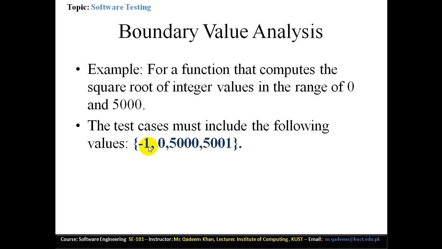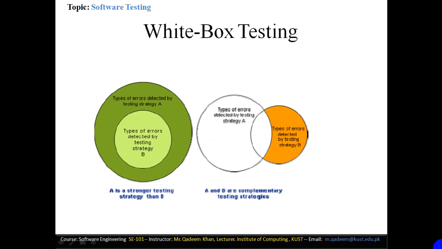For example, -1, which is less than 0, and 5001, which is greater than 5000. If the value is between these boundaries, the system will compute some output, but for these two values, the system will raise an exception that it is out of range.